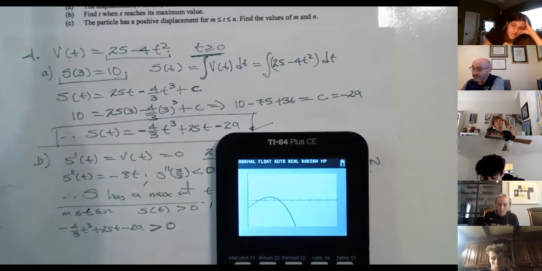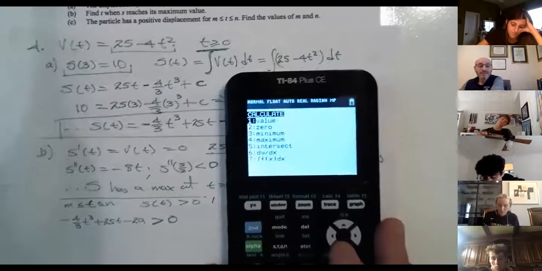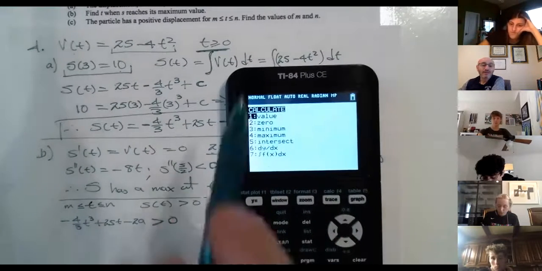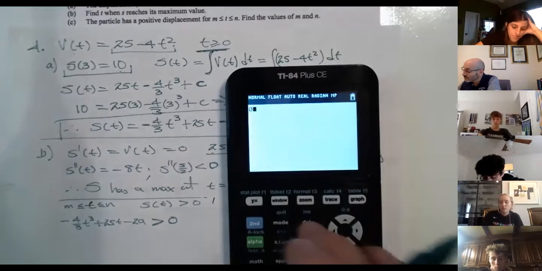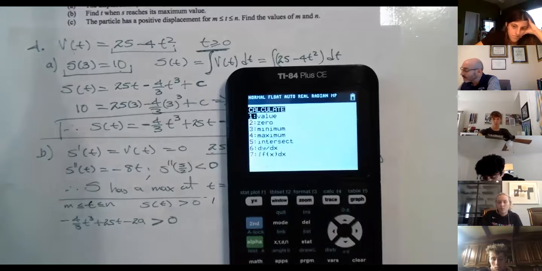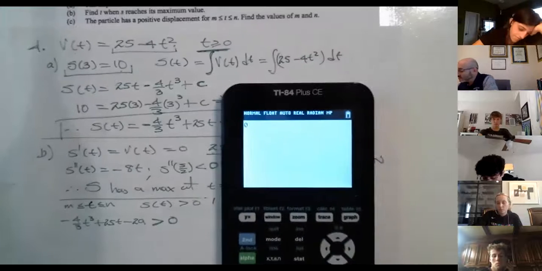So I'm going to do second calculate intersect. Oops, shoot. Second calculate intersect. What am I doing wrong?